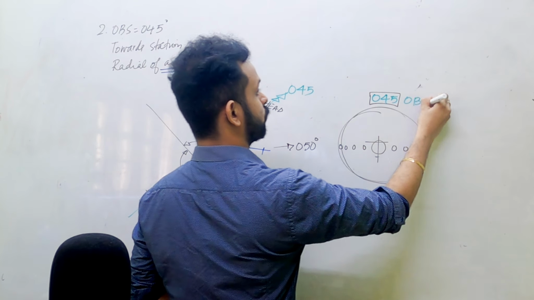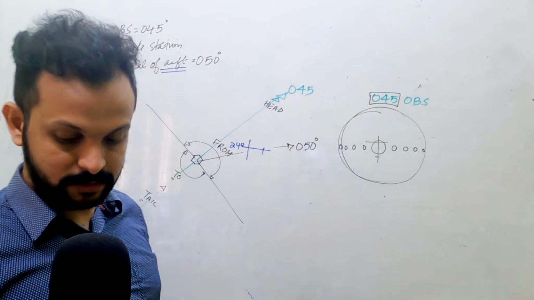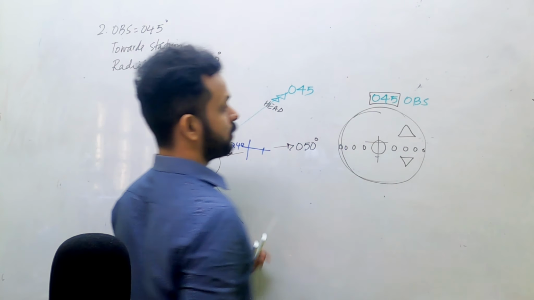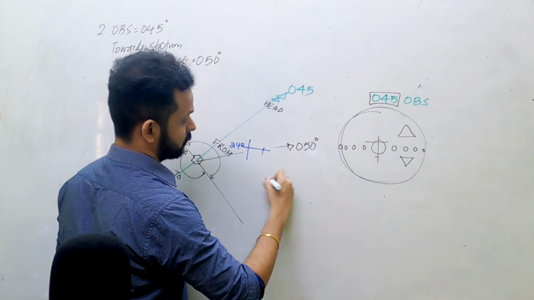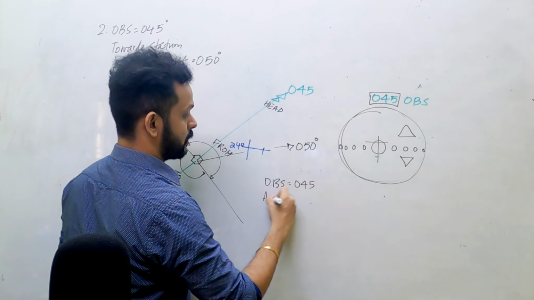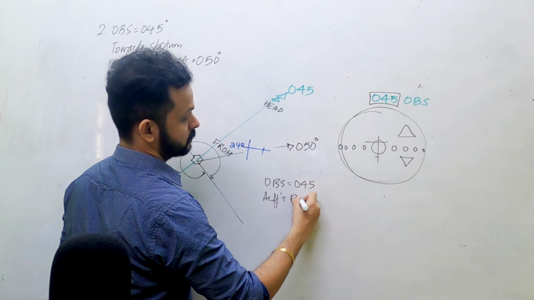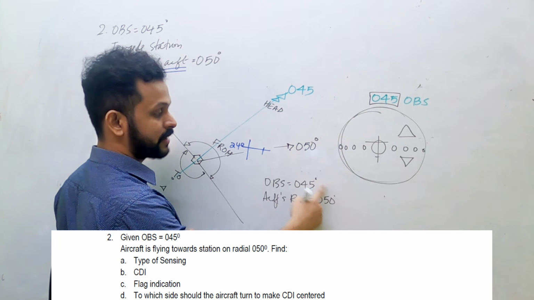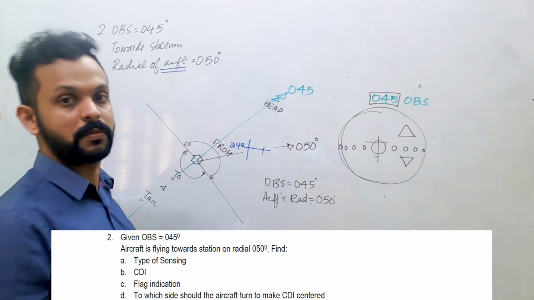So OBS goes in here. Then we have two flags. This is the to flag and we have the from flag, right? Let's see. The OBS is 045. A radial of the aircraft 050. I'm not putting magnetic here because it's a radial, so we know it's magnetic, right?